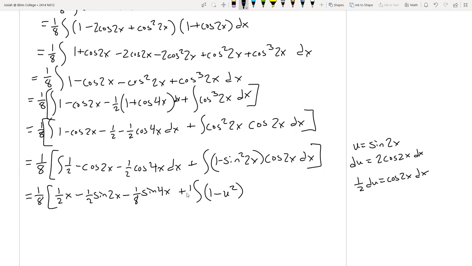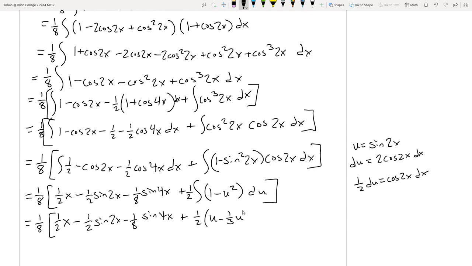So I'll put the 1/2 out there. This one's not super tricky, it's just that we've had a lot of stuff to write down. Plus 1/2 times u minus 1/3 u to the third. I think we're finally ready to put our plus c at the end here.